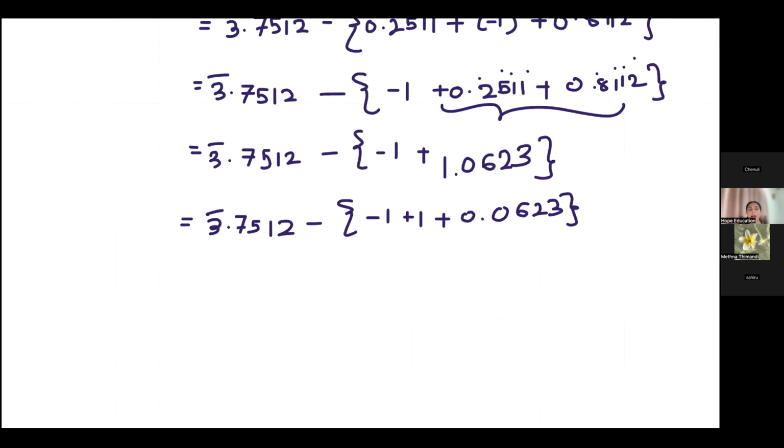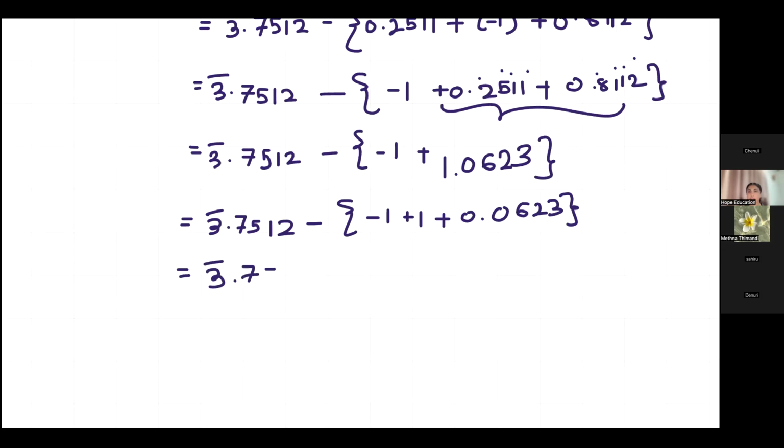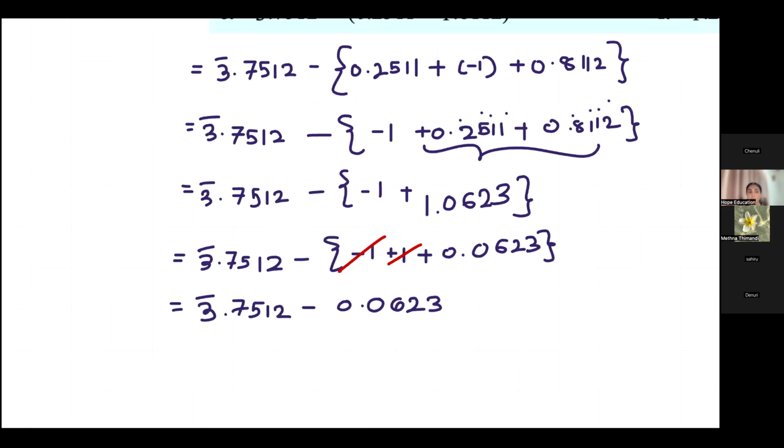And bar 3.751, I'm sorry for the handwriting here, it's a bit messy. I will try to write a bit more neatly. Okay. Here we can see minus 1 plus 1 is 0. We have 0.0623. Up to that point, is it clear to you? Up to that.